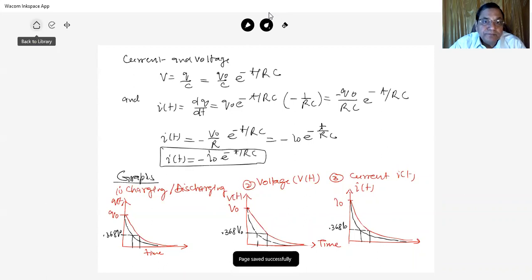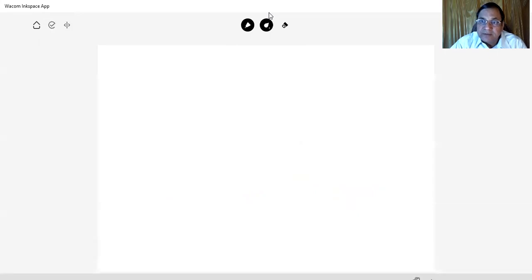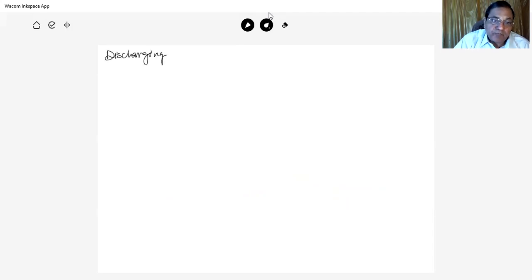Now we can have the three-component circuit, and the simplest one is discharging of a capacitor through inductive resistance.